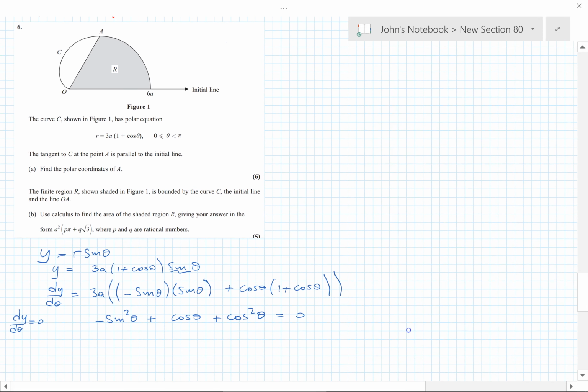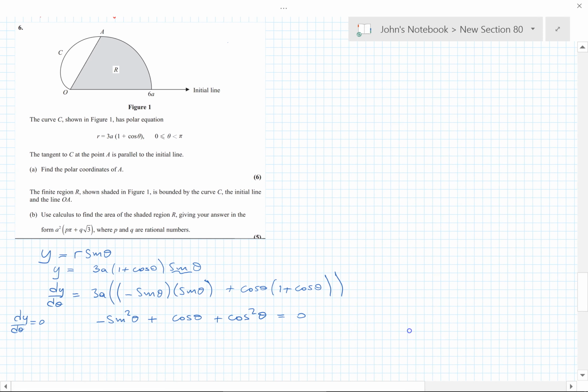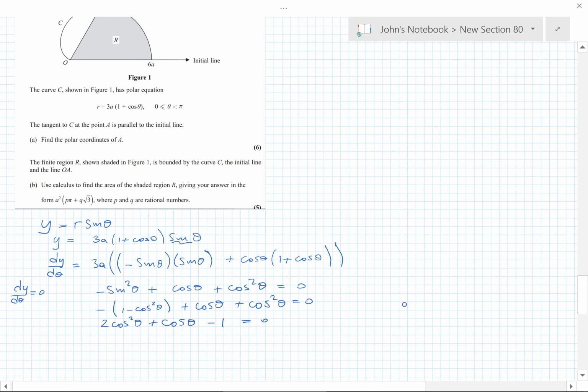In this case it would probably be as well to change the sine squared to 1 minus cos squared. Plus cos theta plus cos squared theta equals 0. So we have 2 cos squared theta plus cos theta minus 1 equals 0.